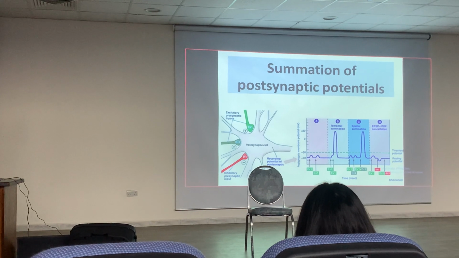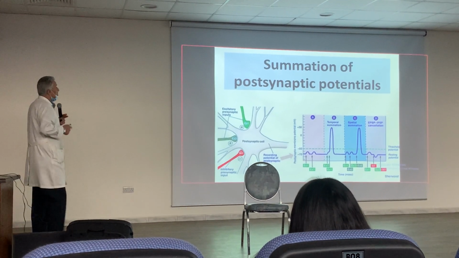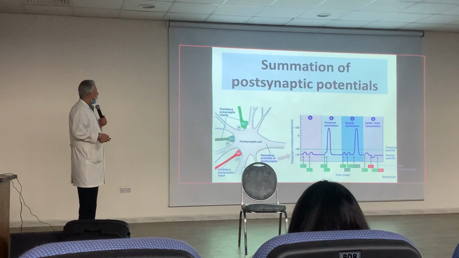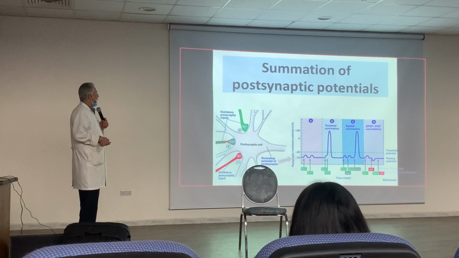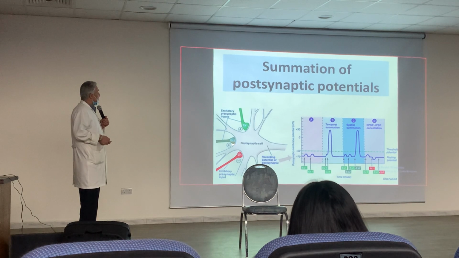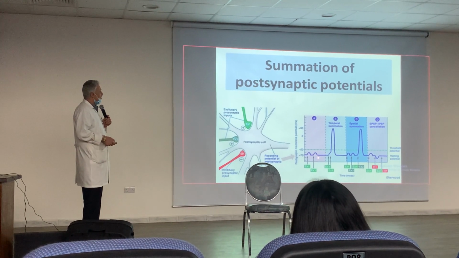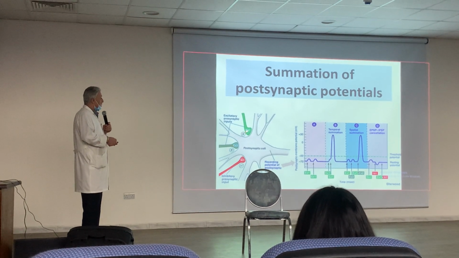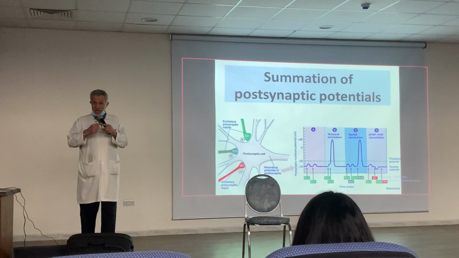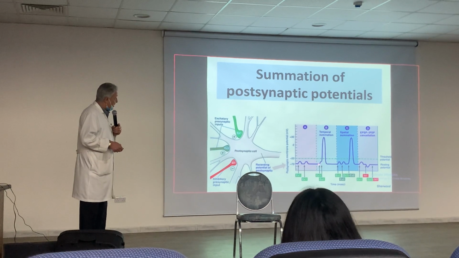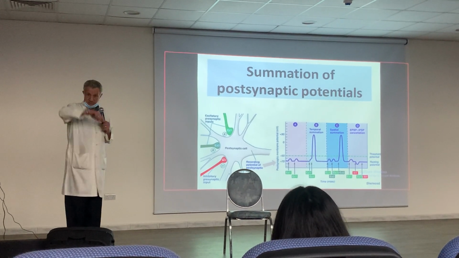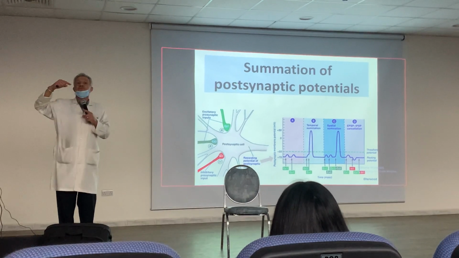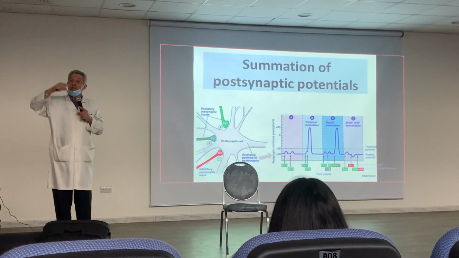Now, to understand the process of summation, we said we can have some terminals causing excitatory potential like this one, and another terminal here causing excitatory potential like this one. If the two meet at the same time, we get a higher potential at the axon hillock to reach the threshold.